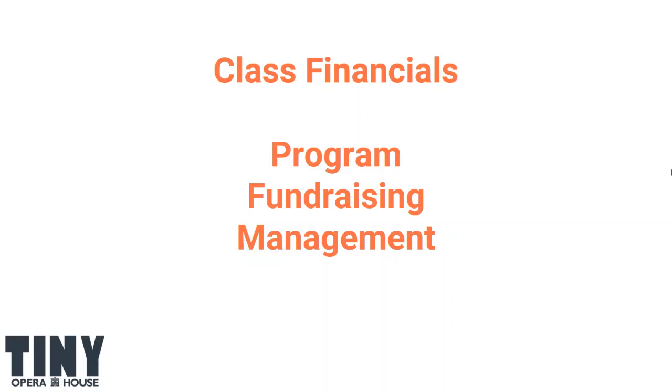So this is helpful if, let's say you run two different programs and you want to say that expenses from this area go to the first program, and then the others go to the other program. You start to get what we call class-based financials, which are really helpful in comparing how things are going in different areas, and where you're spending your money in the nonprofit organization.